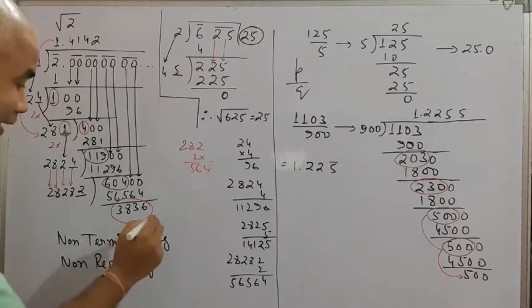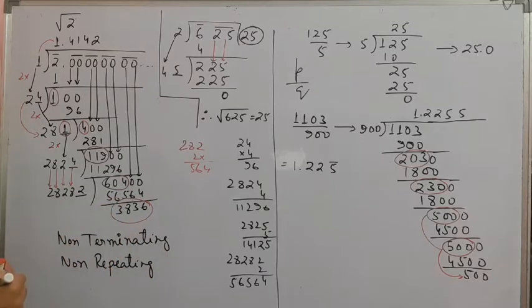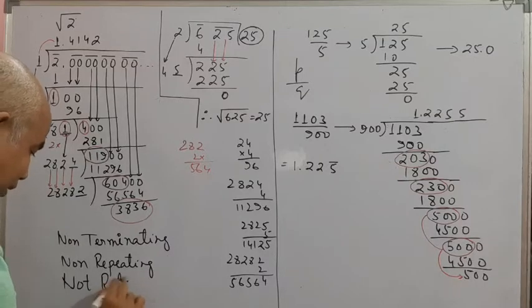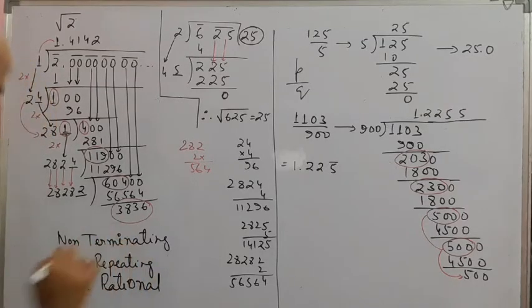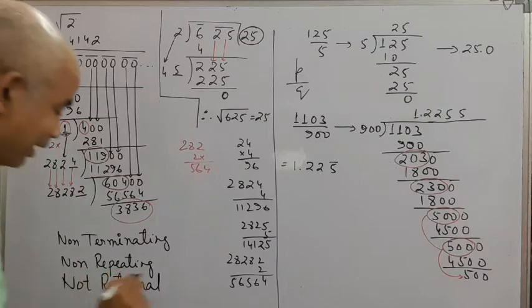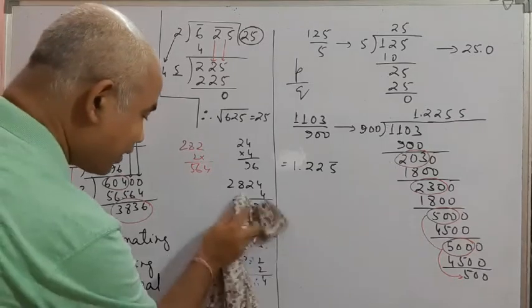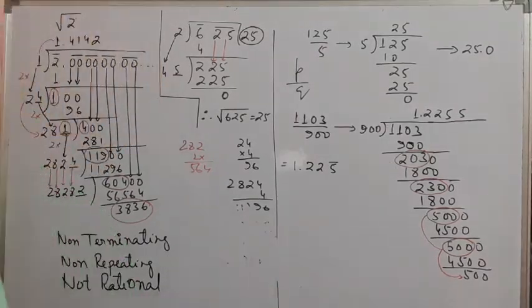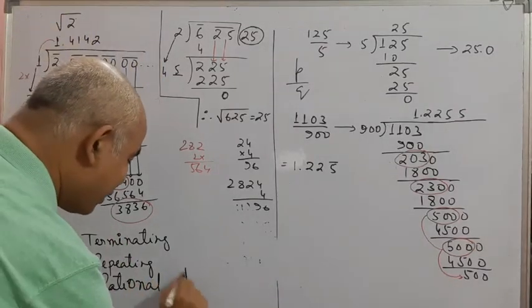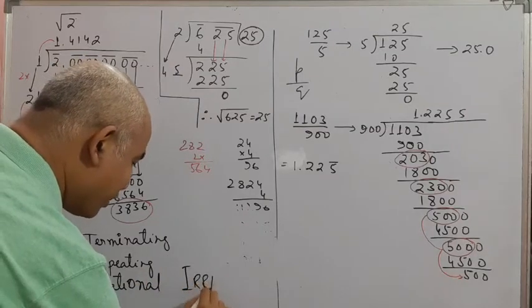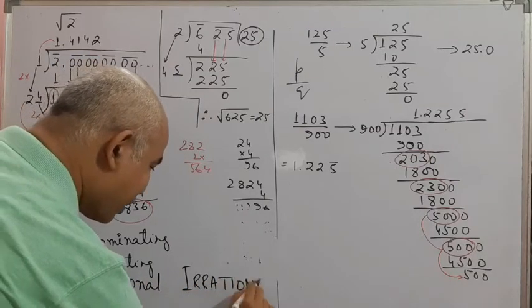That means it is not rational. If it is not rational, what is the number which is not rational called? It is called irrational.